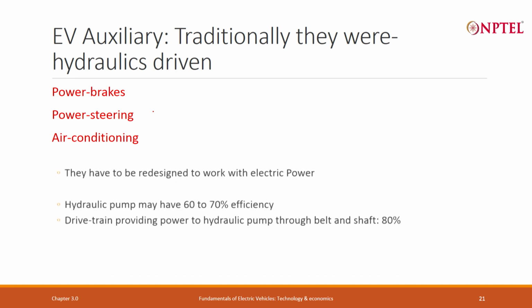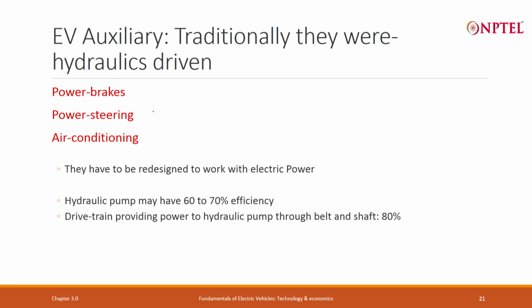Today all of them have to work on electric power. In fact, most of the current new vehicles already work on electrical, but in case they do not, our future EVs will not first create mechanical force and use hydraulics to control them. So, this has to be changed.